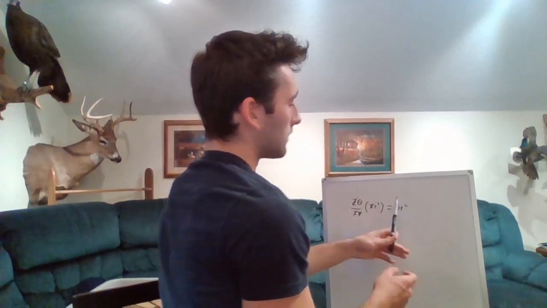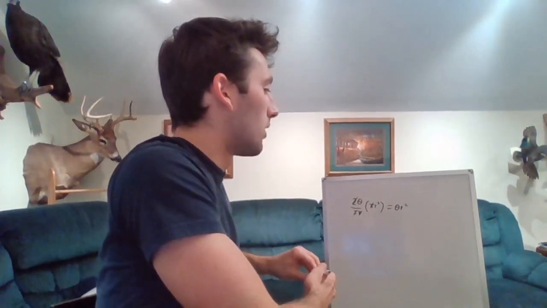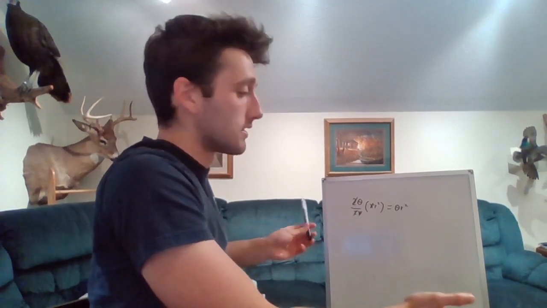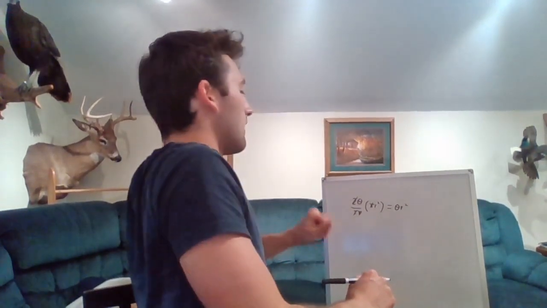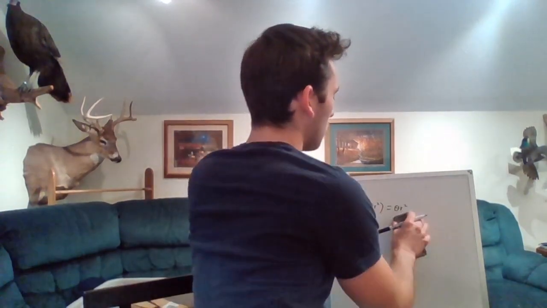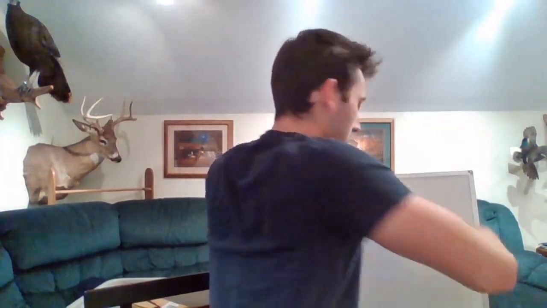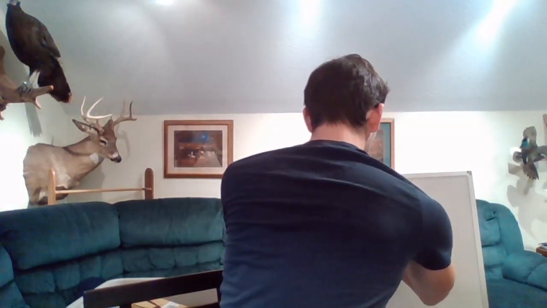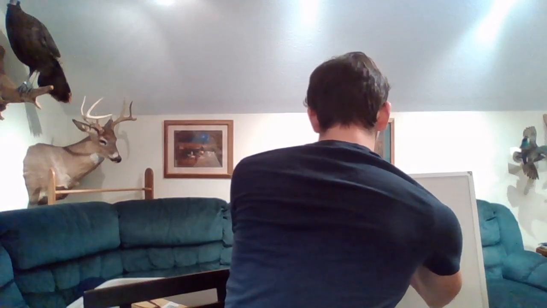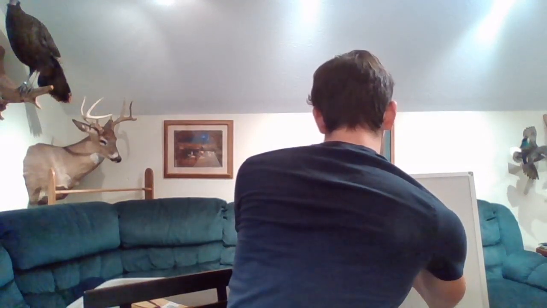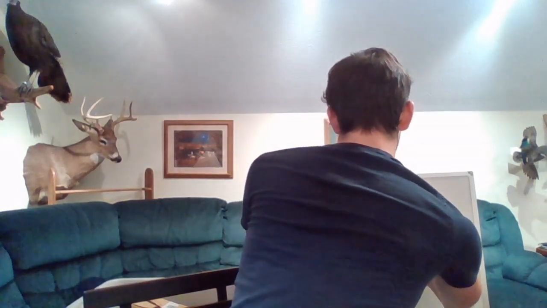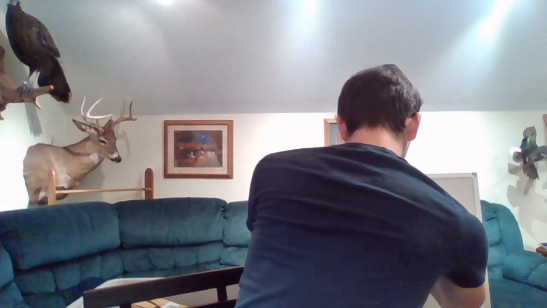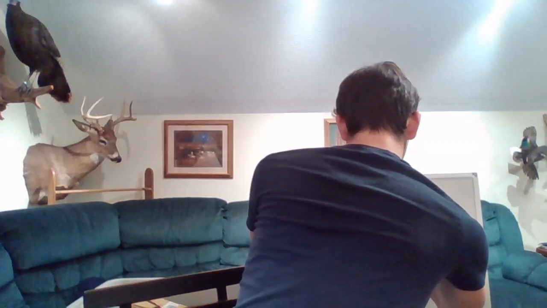Well, we don't know what theta is, but we can figure it out using sines, cosines, and tangents and all that stuff. So we're going to solve for theta, and we are going to have theta equals cosine inverse of r minus h over r.